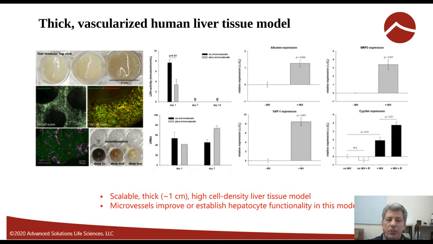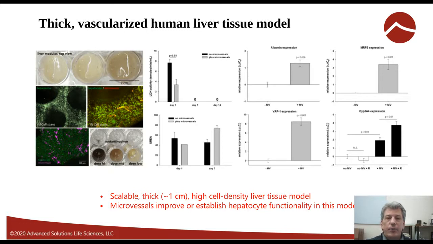We see good tissue function. I've shown here up to 7 days. We've seen this out to 2 weeks, 14 days. We're finding that having the microvessels present enables us to go to this thicker tissue environment and to scale it out to larger tissue volumes in general. There in the upper left is a 12-well example of our liver tissue.